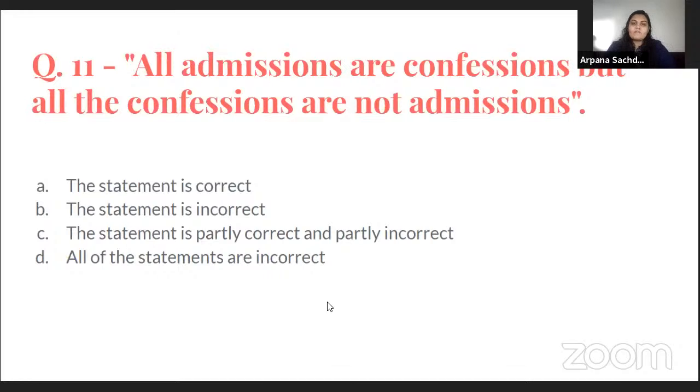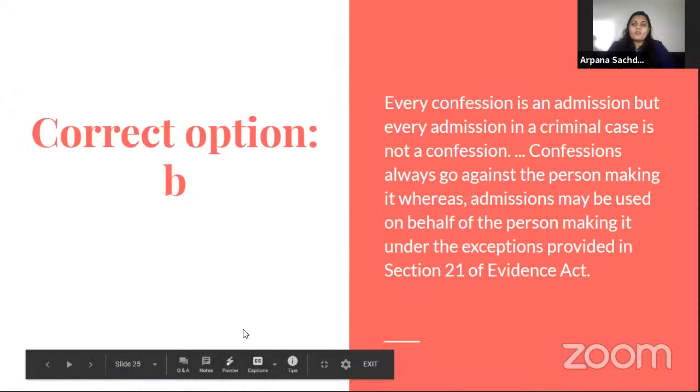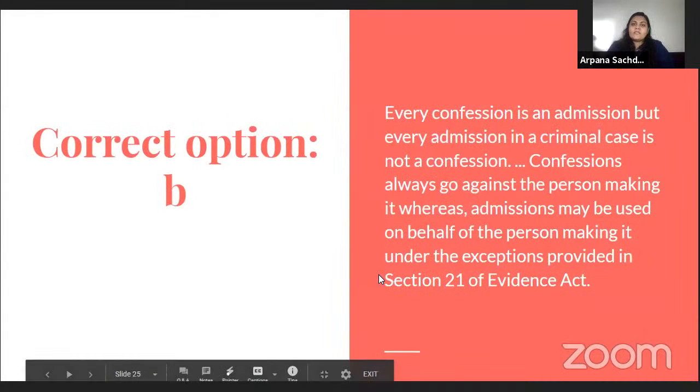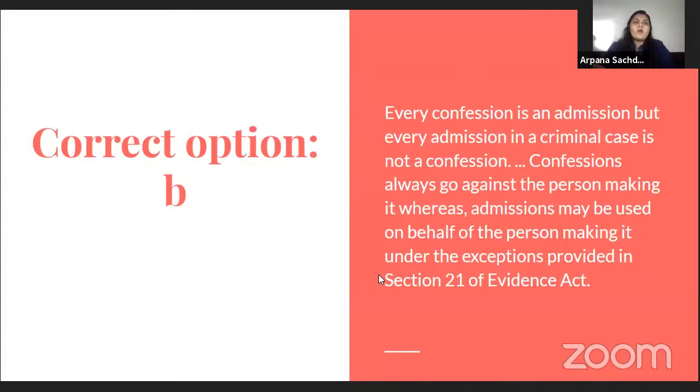Okay, the time is up for this question now. The correct option for this particular question is option number B. Can we have the answer slide, Anu? So option number B says the statement is incorrect: all admissions are not confessions, but all confessions are admissions.